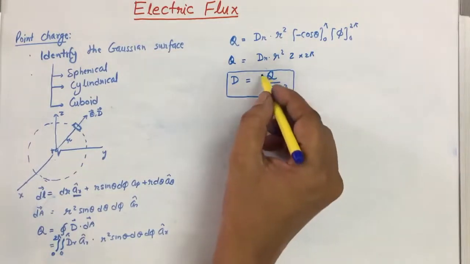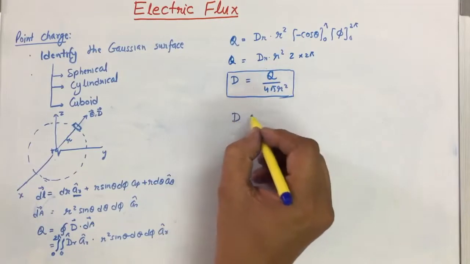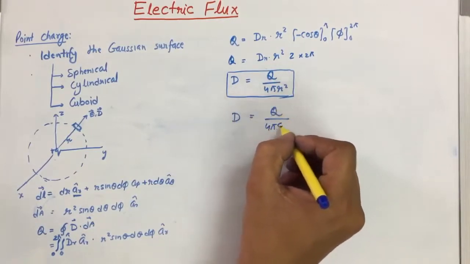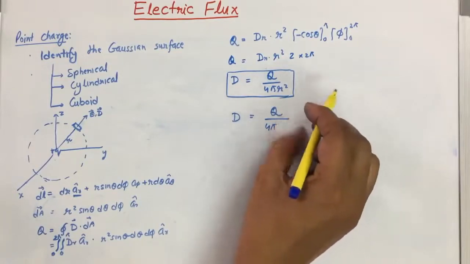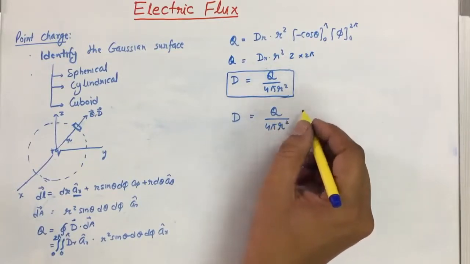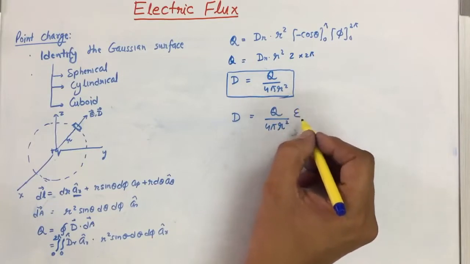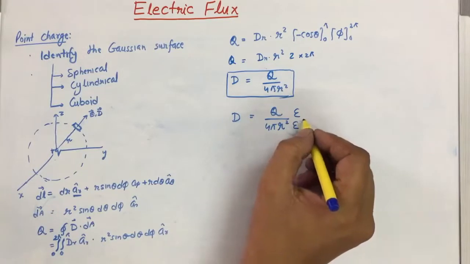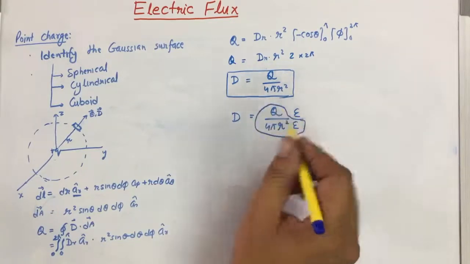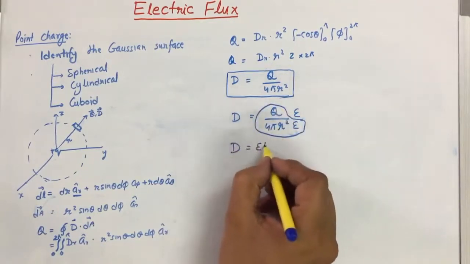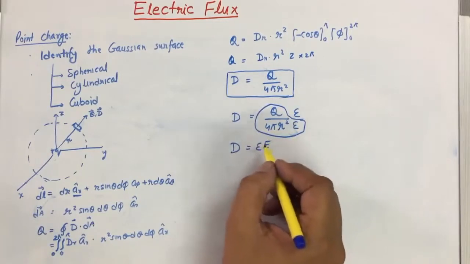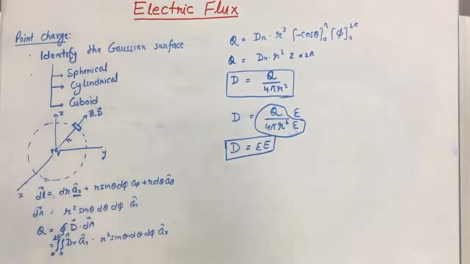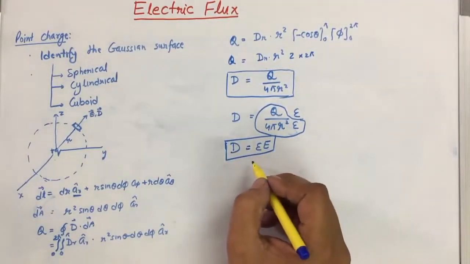And if we multiply with epsilon naught, how much will it be? It will be equal to E. So what we can say is D is equal to epsilon E, which we said in the beginning.